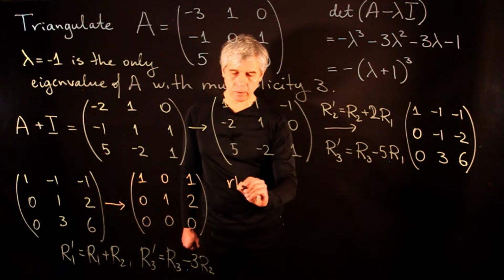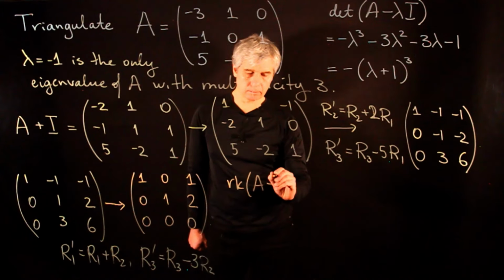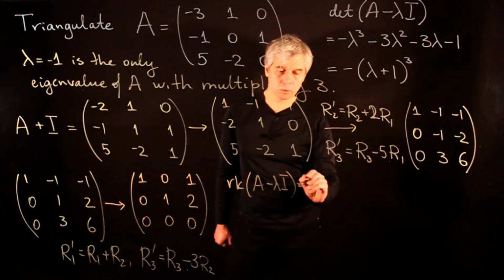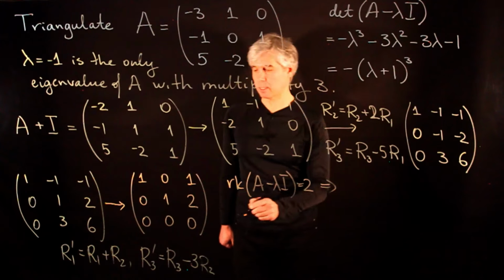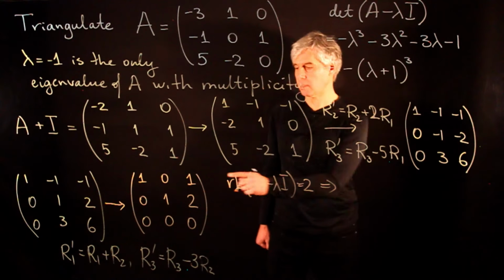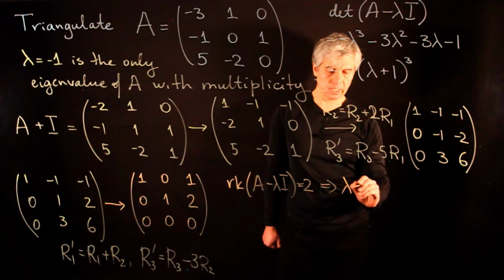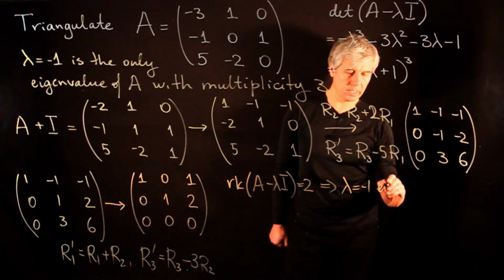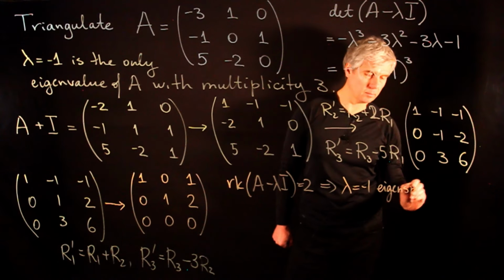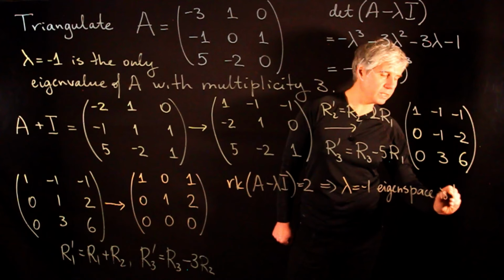So the rank of this matrix is equal to 2. And this tells us that the dimension of the corresponding eigenspace, so the lambda equals minus 1 eigenspace, is one-dimensional.